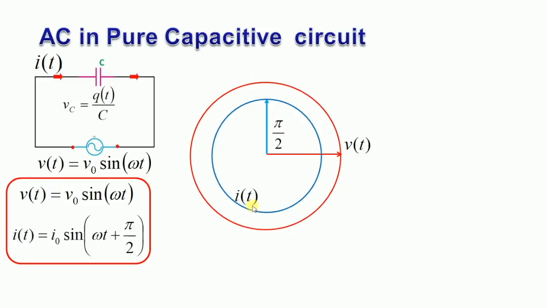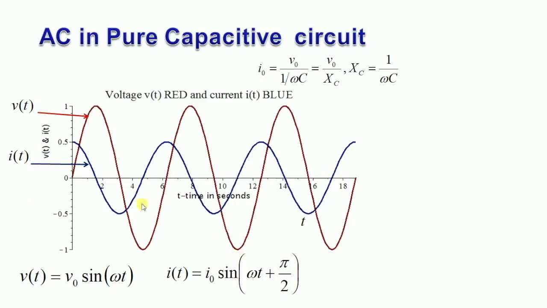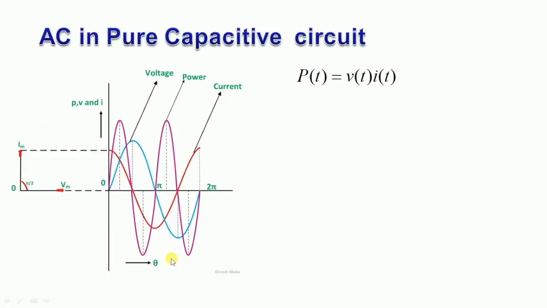And current in the circuit in a similar fashion is ahead by pi by 2, so it will begin from this point, the positive y-axis. So we shall see this also through animation. This is the graphical representation of current being ahead by pi by 2 of the voltage in the circuit.